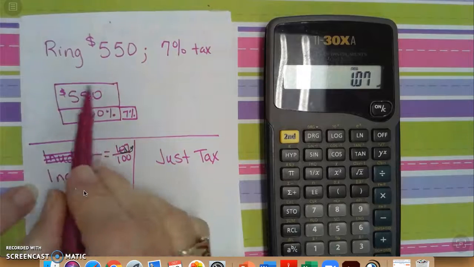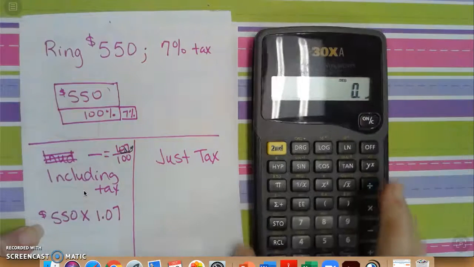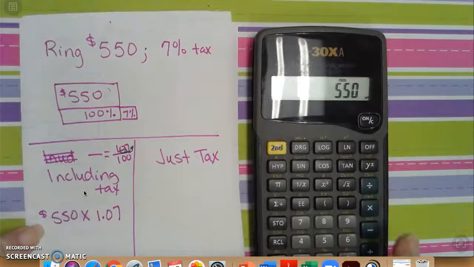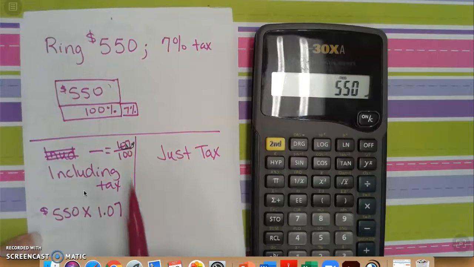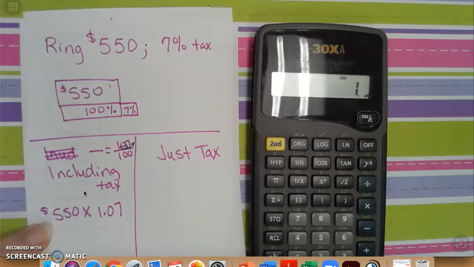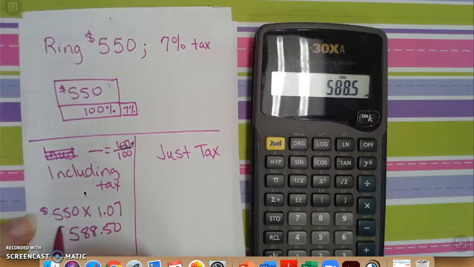So we could take whatever our number is, which this time is 550, and multiply it by 1.07. We're still going to get the right answer. It's a different way of thinking about it. So 550 times 1.07 gives us $588.50. That would be a real good deal on that ring, wouldn't it?